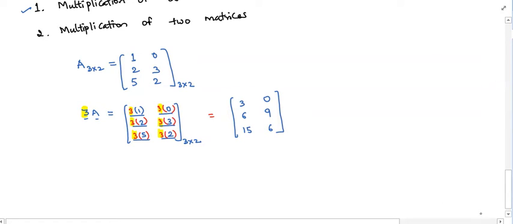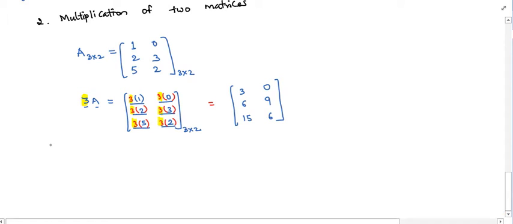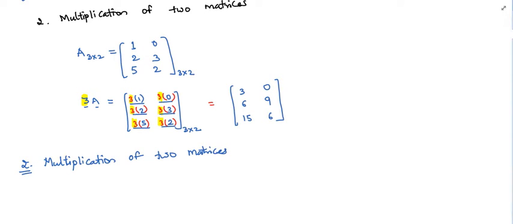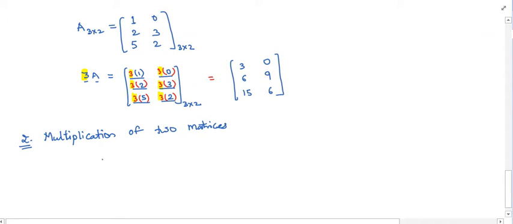Similar to matrix addition and subtraction, when we multiply two matrices, we need to check some condition. So let's see what those conditions are. It's not that we can multiply any two matrices. No, there is a condition. I will put it in a generalized form.